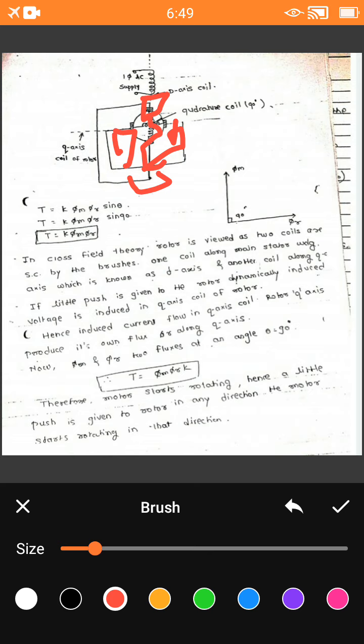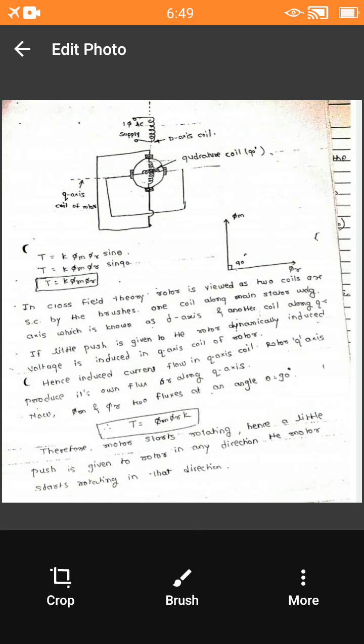This is the fundamental idea behind viewing the rotor as two coils short circuited by the brushes.